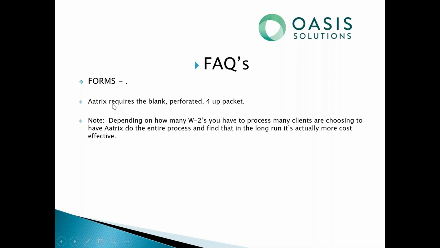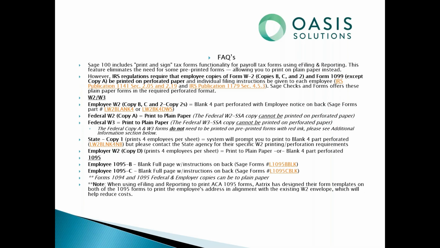What is supported with Atrix, for W-2s, is the blank, perforated 4 up. You may find it more cost effective to have Atrix do the whole thing. But again, this is the form that you need: blank, perforated 4 up. The others are not supported and will not print properly. The alignment will not be proper if you do not use that form.